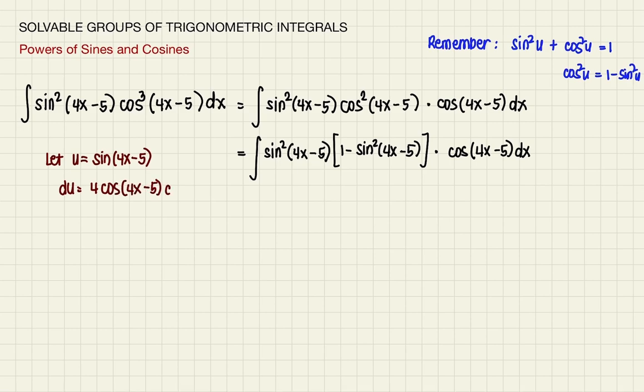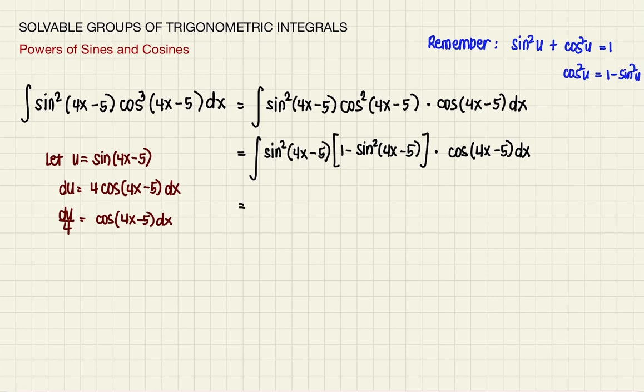Don't forget your dx. So this is what we isolated in our integrand. So cosine of 4x minus 5 dx is equal to du over 4.